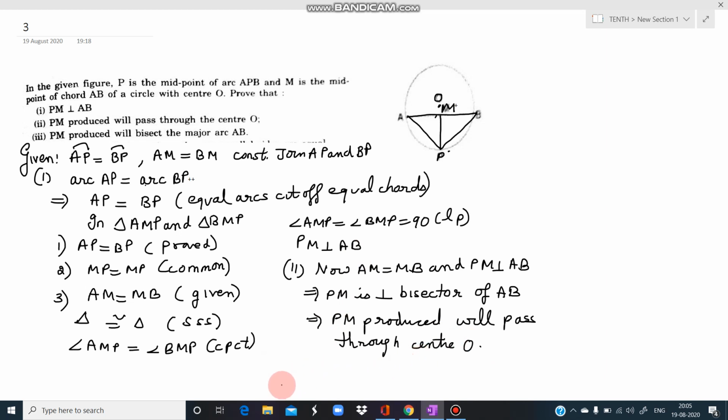It is because that perpendicular bisector of the chord always pass through the center.